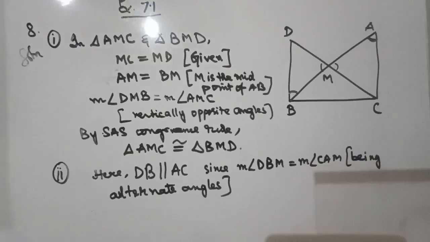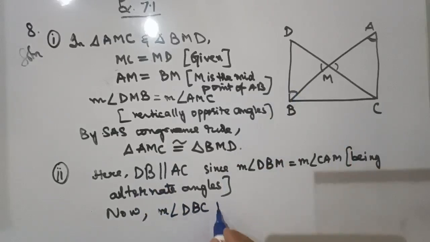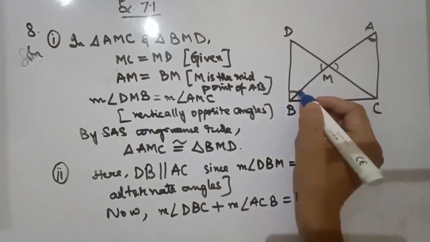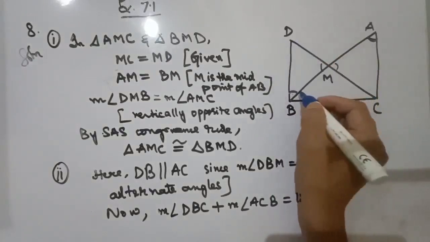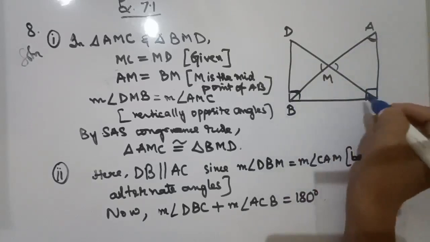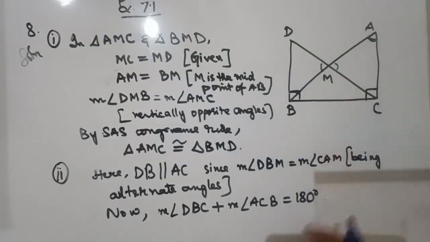Now these two lines are parallel to each other. We have measurement angle DBC plus measurement angle ACB equal to 180 degrees. Being these two lines parallel to each other, these two angles are the co-interior angles.